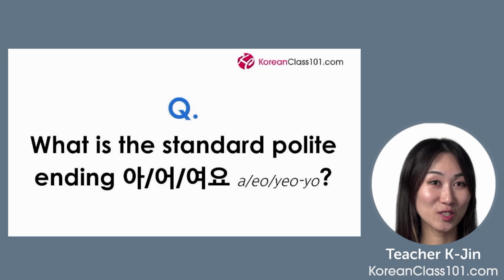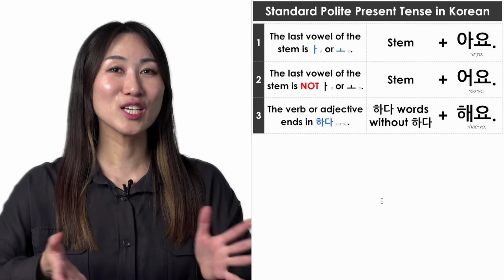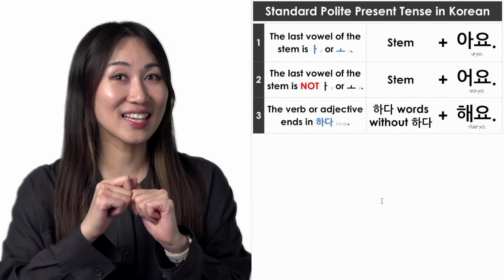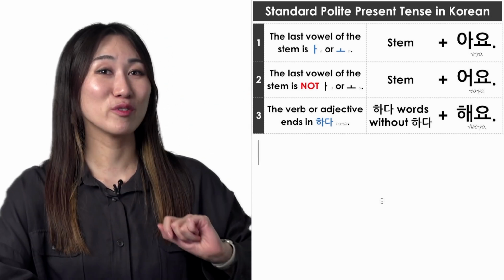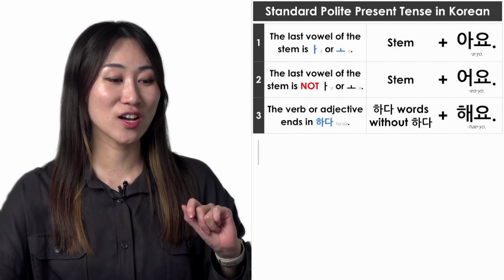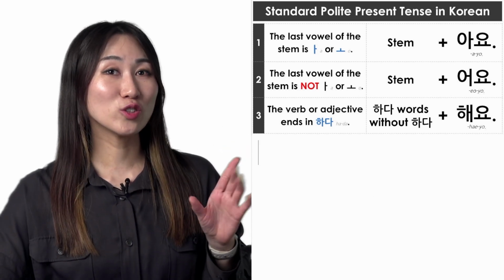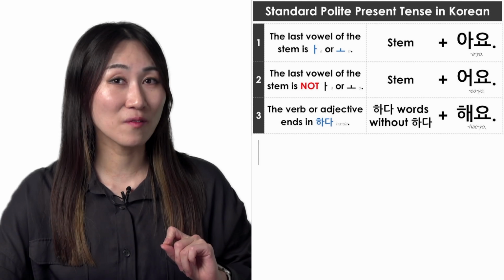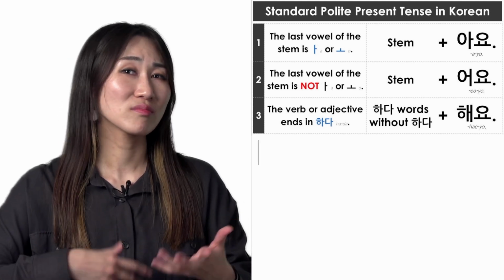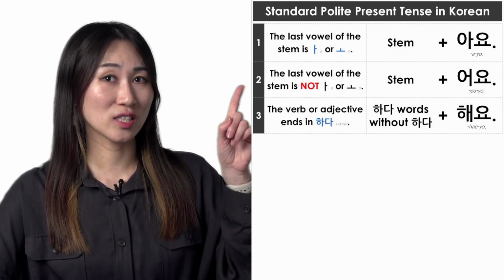Here's the first question from Hakim. Thank you, Hakim. What is the standard polite ending? 아, 어, 여, 요. Okay, so if you learned the present tense in Korean, maybe you're familiar with this, right? Basically, to use this politeness level, usually you need a tense, that is the present tense.